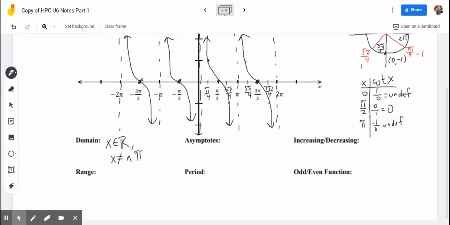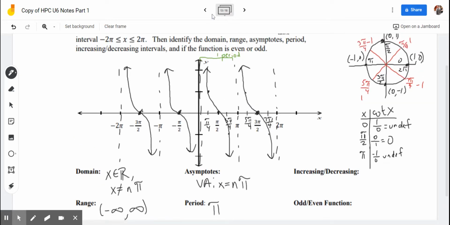The range is technically all real numbers, going from negative infinity to infinity, because the backwards Saturday Night Fever is going up to infinity on the left side and then down to negative infinity on the right side. Our asymptotes occur where the domain is undefined. There are vertical asymptotes for every n pi radians.